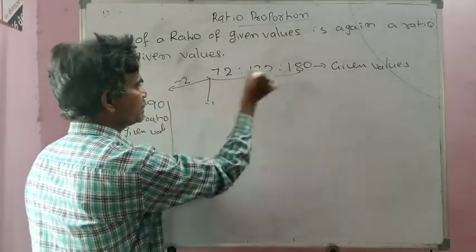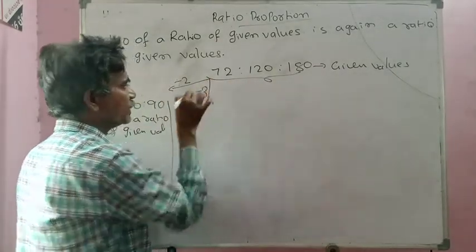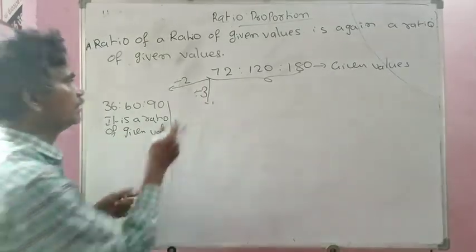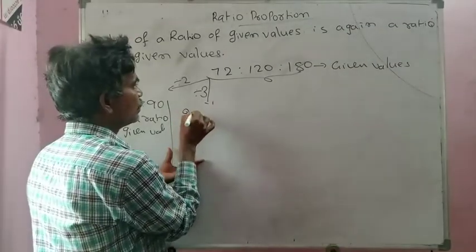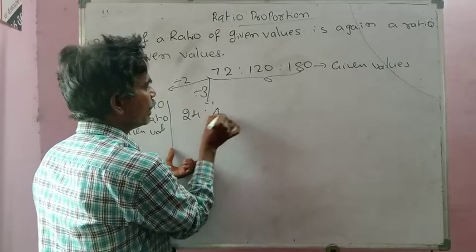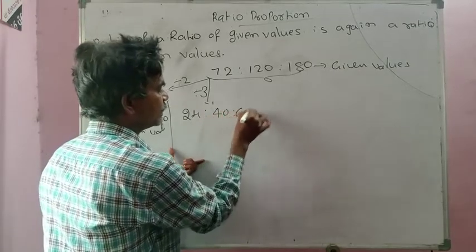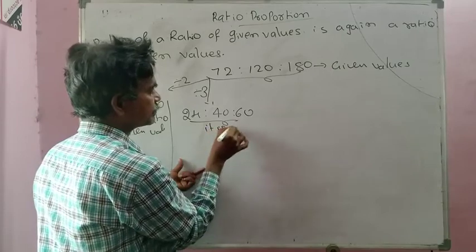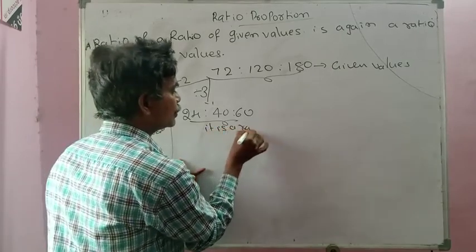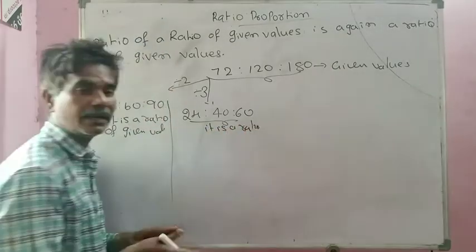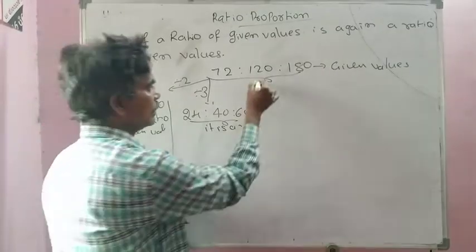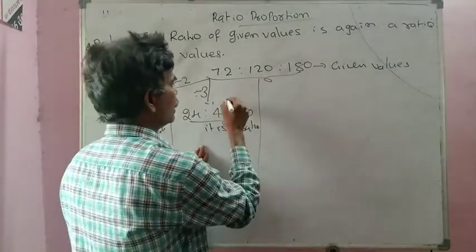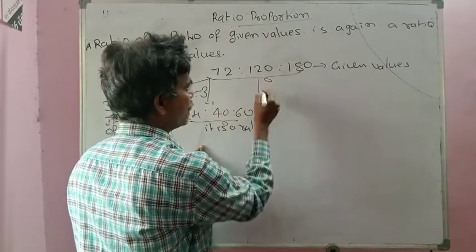And let us find out another ratio of these values. For that, let us divide these values by 3. Then we will get 24, 40 and 60. It is a ratio of given values. Let us find out another ratio of these values.